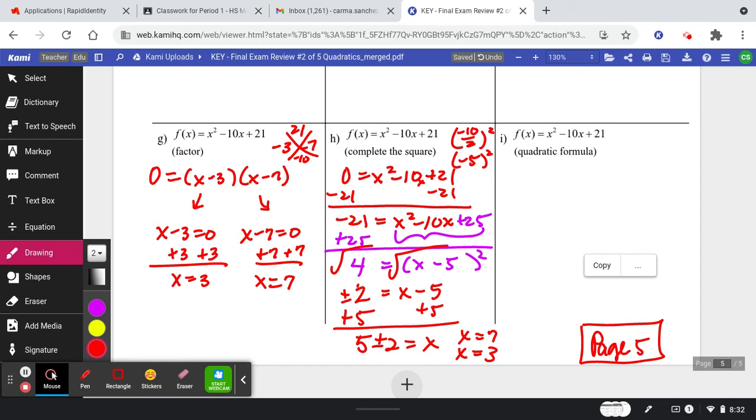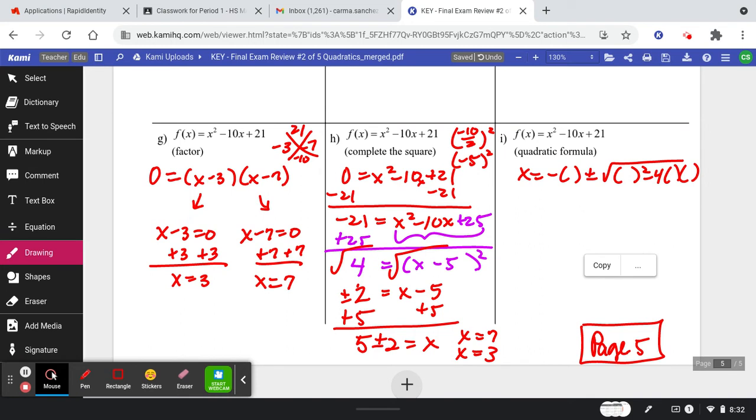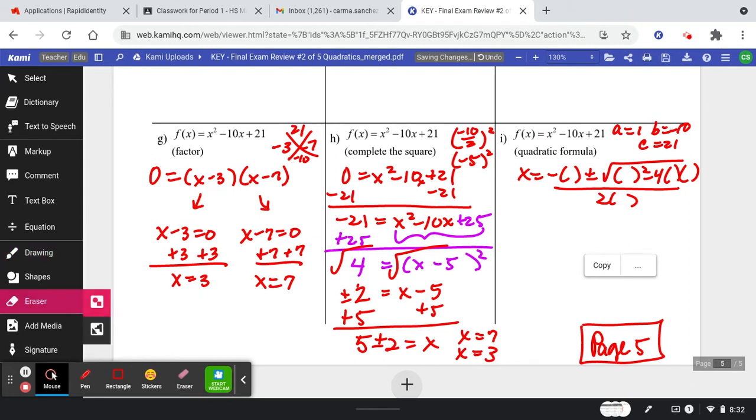Okay, let's go solve using the quadratic formula. It should be the same thing if I've done it correctly. X equals -b plus or minus square root b squared minus 4ac all over 2a. So get me a, b, and c. This right here is a negative 10.